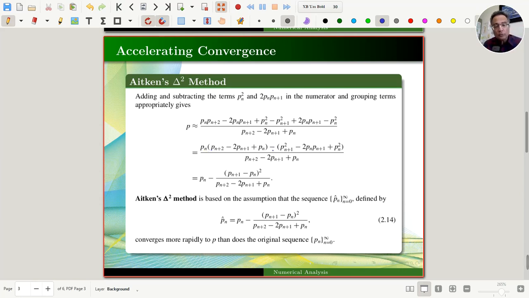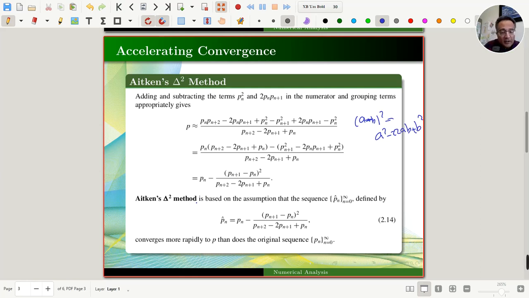If you divide both terms over the denominator, you will get Pn from the first one, and here you will use (a plus b) squared equal to a squared minus 2ab plus b squared. In fact, it should be minus. So we will get (Pn+1 minus Pn) squared over this one.